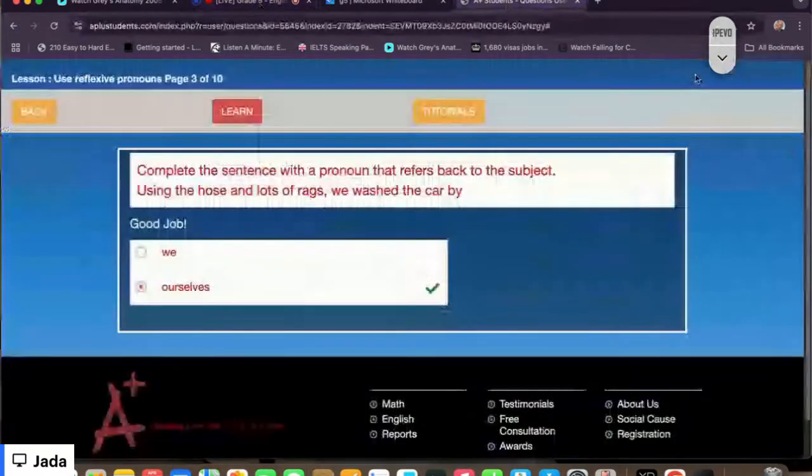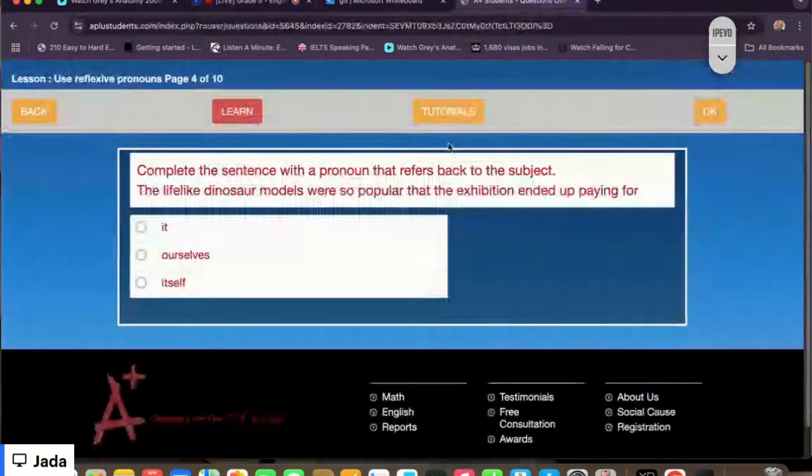The lifelike dinosaur model were so popular that the exhibition ended up paying for what?